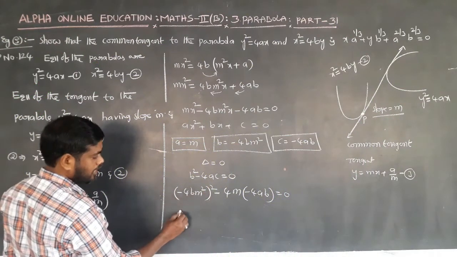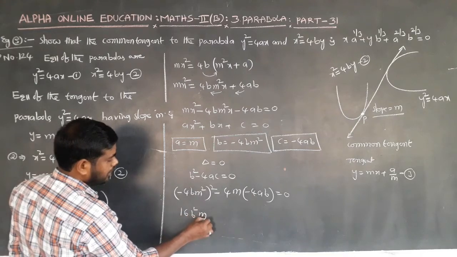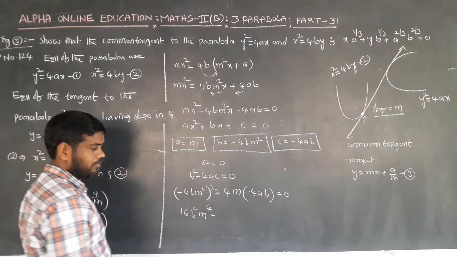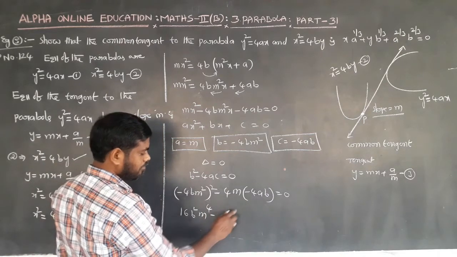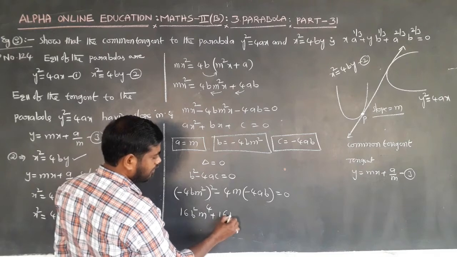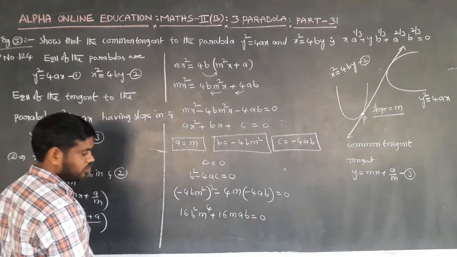Minus whole square plus 4 square, 16 b square m power 4. Minus into minus plus, 4 fours 16 m ab is equal to 0.